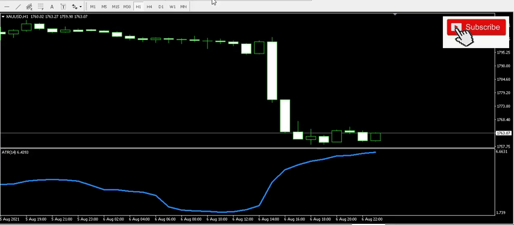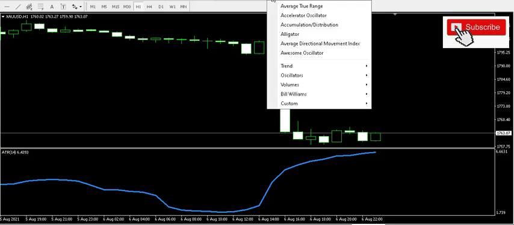What you can do is to place the ATR indicator on your chart, on your trading chart or your MetaTrader chart. For the desktop, this is the ATR average true range indicator.